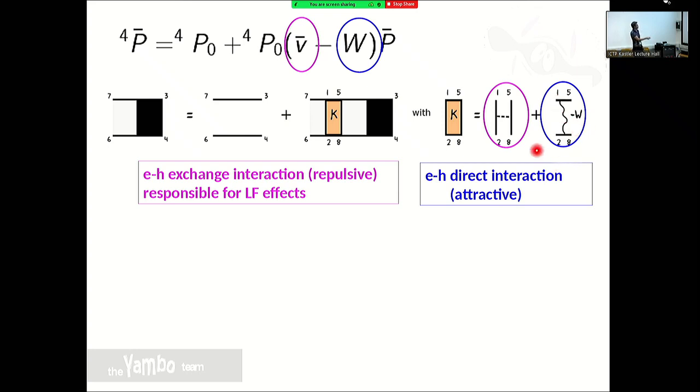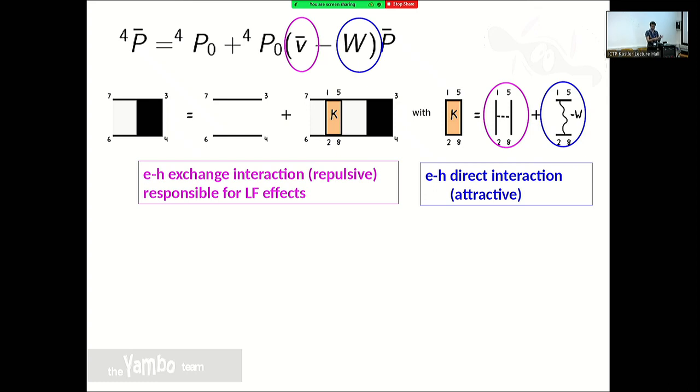And this means that you cannot just take a closed equation, so the P2 would be closing 6 and 7 and 3 and 4, and write the Dyson equation, because this W forces you to keep open the bubble, let's say, the independent particle term. So these two terms are indeed the electron exchange, this one, and the electron interaction. And let me comment also on the fact that this is called electron exchange, and it comes from the functional derivative of the Hartree term.